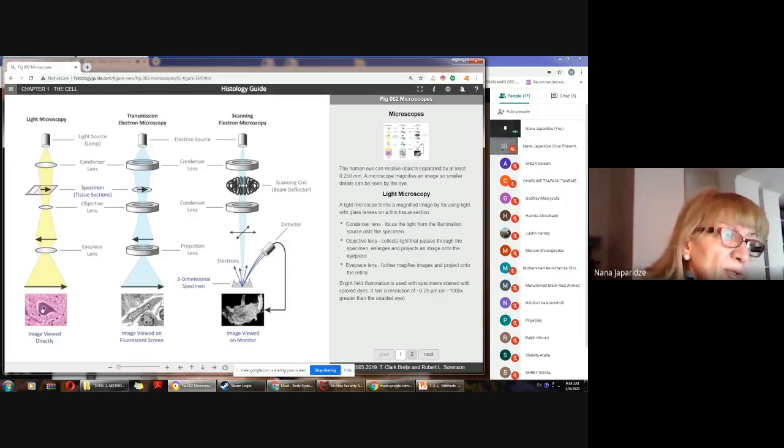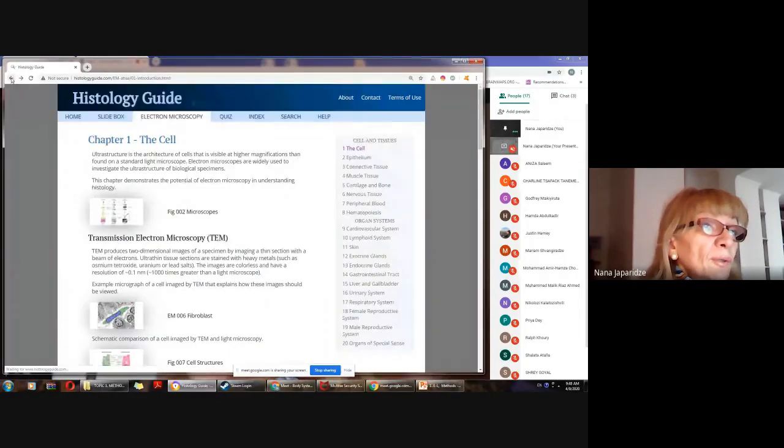So in the case of light microscopy and transmission electron microscopy, we see two-dimensional images, and in the case of scanning electron microscopy, we see three-dimensional images.